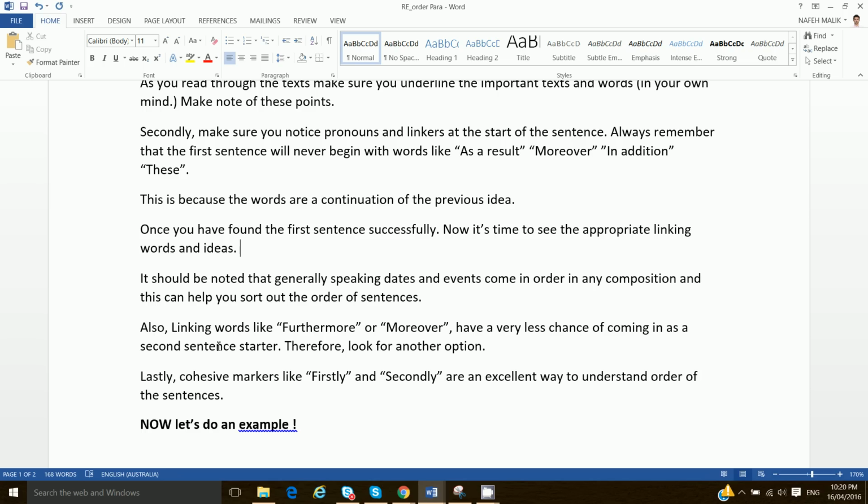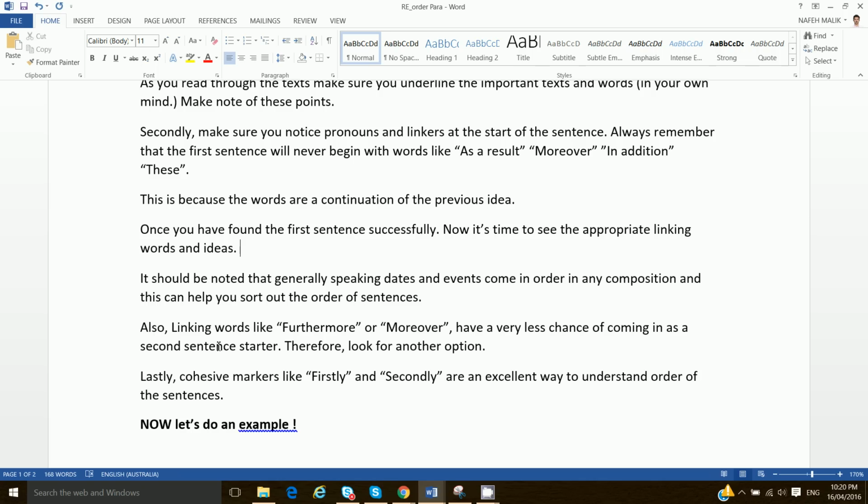And lastly, cohesive markers like firstly and secondly, or thirdly, fourthly, fifthly. If you're lucky enough to get these, then everybody can make sense that firstly and then secondly and then thirdly will come.